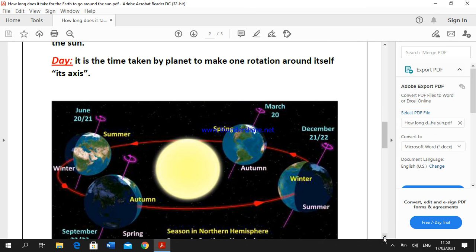This figure illustrates the sequence of 4 seasons. Okay? Look at this part. The northern hemisphere has the winter season, while the southern has the summer season. Okay? After the rotation, the northern is spring, while the southern hemisphere has autumn.